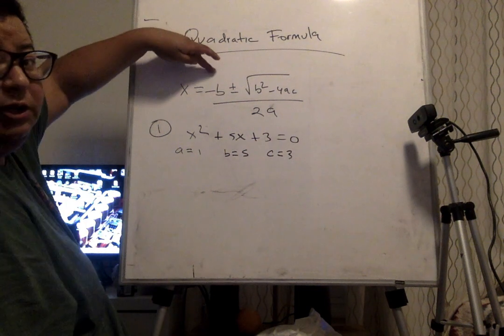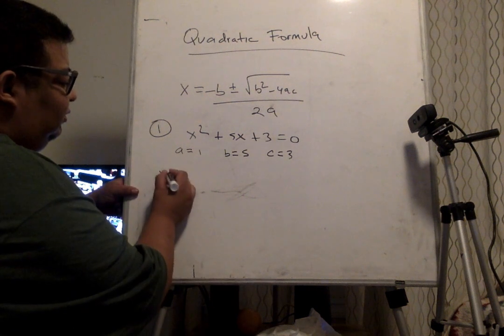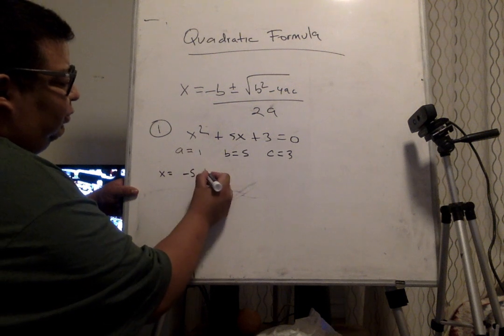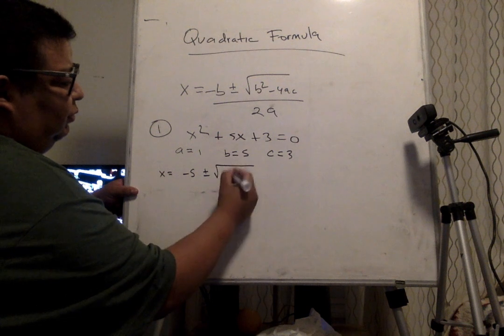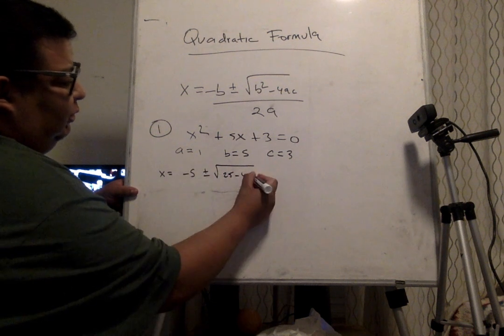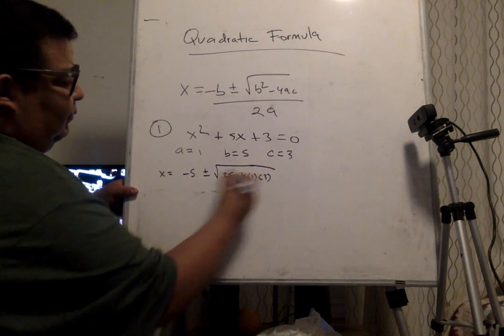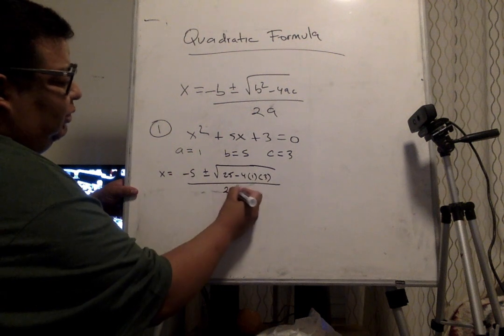Now we plug them into this formula. So x equals negative b, which is negative 5, plus or minus the square root of b squared, which is 25, minus 4 times a, which is 1, times c, which is 3, all over 2a, so 2 times 1.